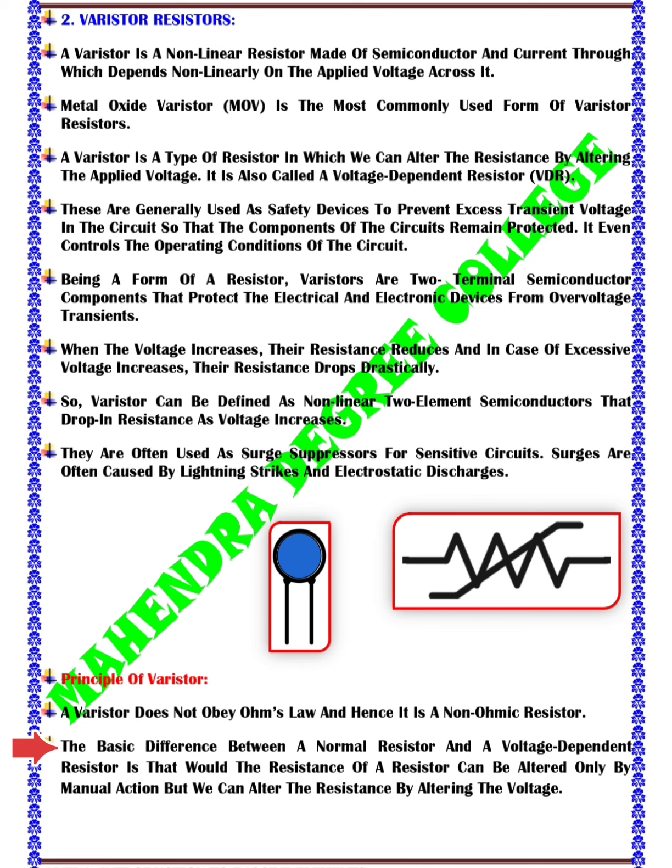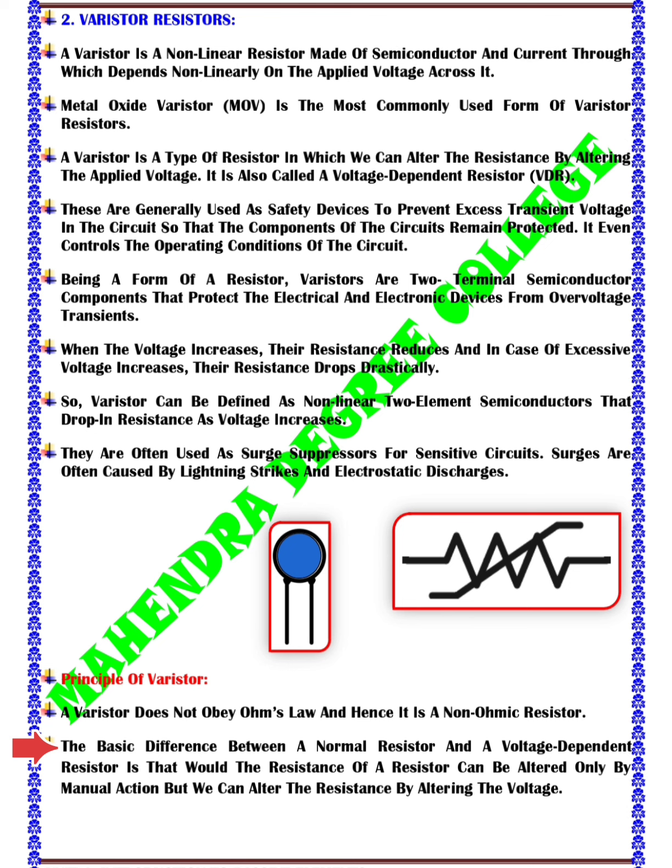The main difference between a normal resistor and a voltage-dependent resistor, varistor, lies in how their resistance changes. Normal resistors have a fixed resistance value that is not altered by the applied voltage, while varistors, also called voltage-dependent resistors, have a resistance that changes in response to the applied voltage.